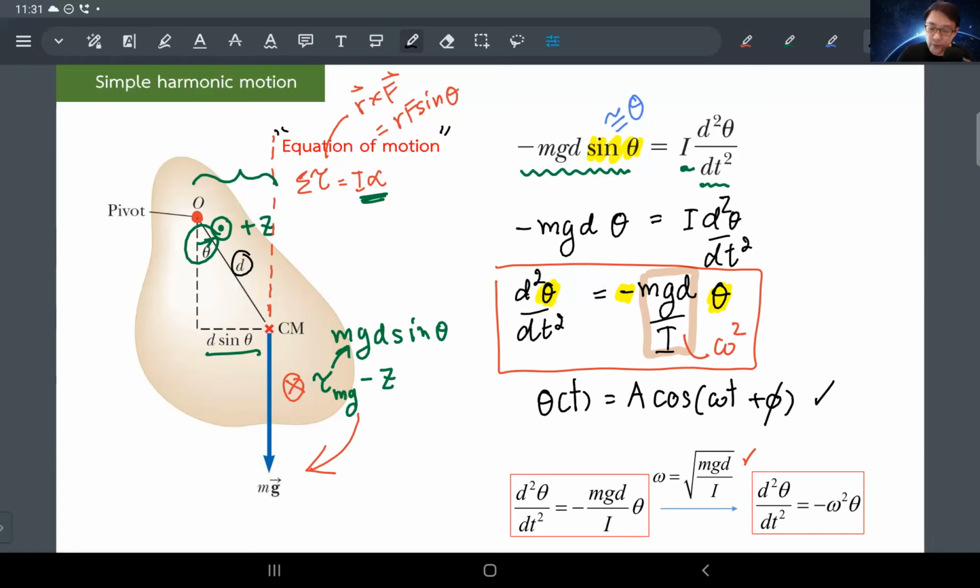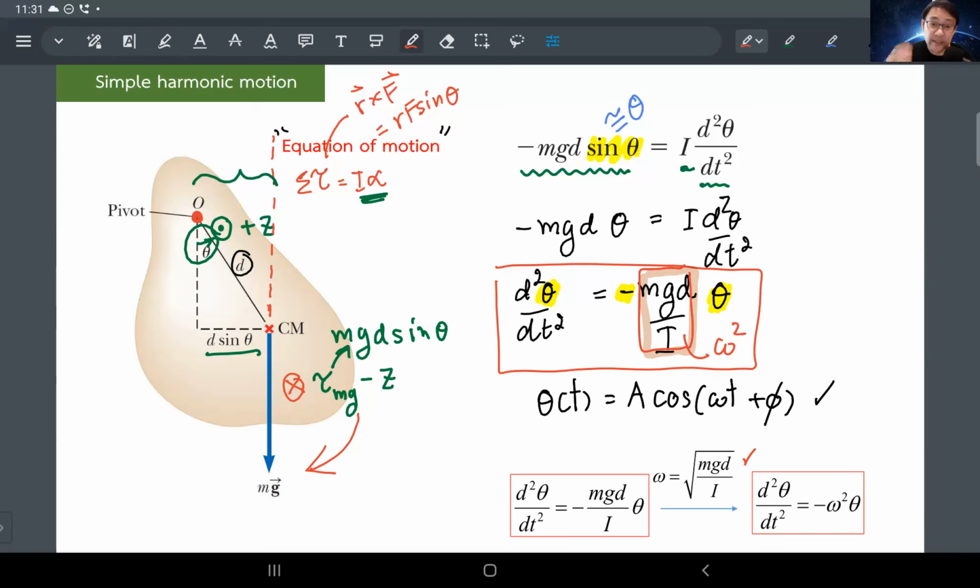And once you can pin down the factor in the front over here, you will also know its angular frequency automatically. So you know exactly what kind of oscillation frequency it's going to get.